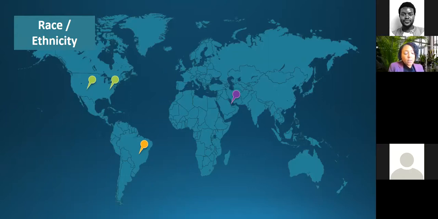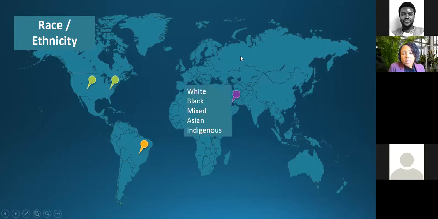Please list the categories you use to collect race, ethnicity, and ancestry information. And so here are how people responded.